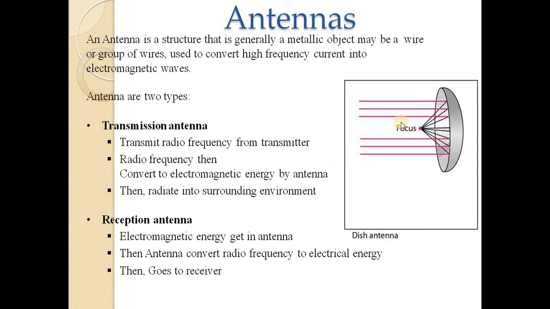This concept is shown in the figure, or this is a dish antenna as shown in the figure. The same antenna can be used for both purposes, for receiving and transmitting a signal. This is all about the antennas.